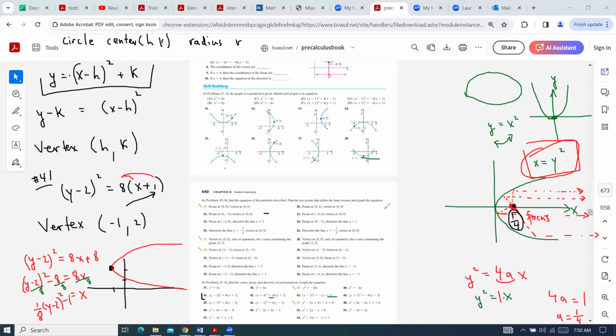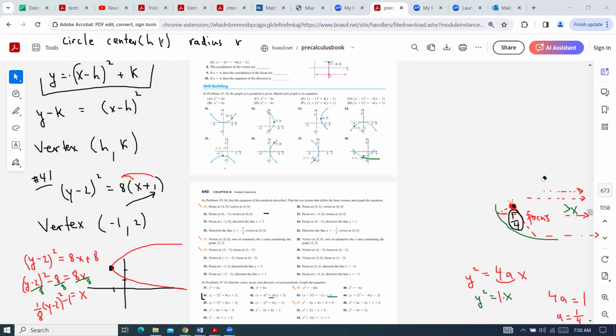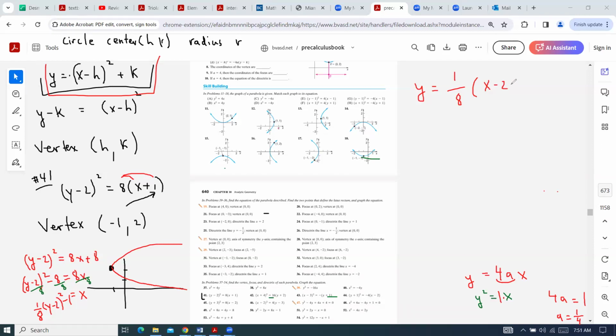Let's see, we did not seem to graph those things much. Yes, but we graphed their analogous curves with y on one side, in the shape where y is equal to something. So if I had y in the place of x and x in the place of y, I could put 1/8 times x minus 2 squared, and then subtract 1.